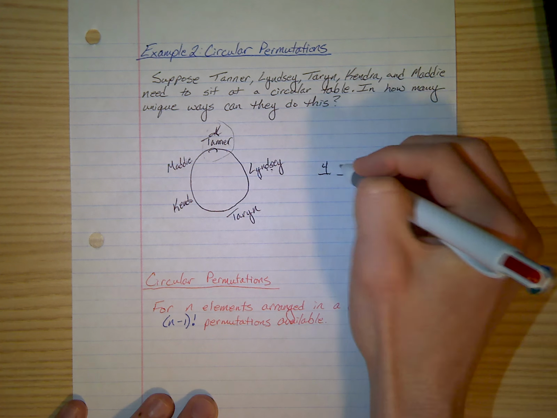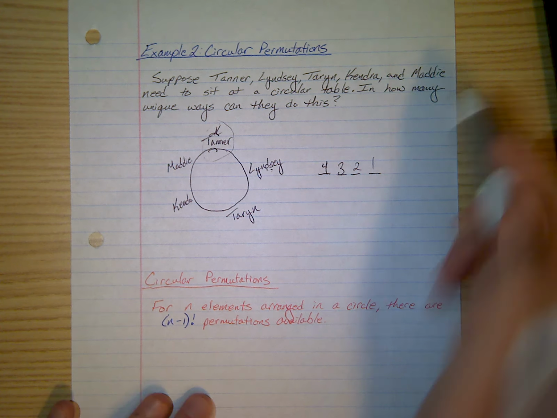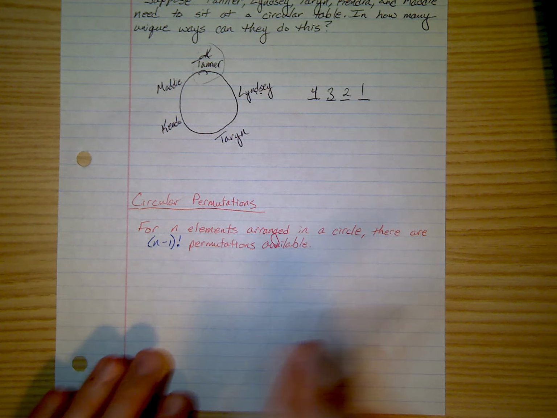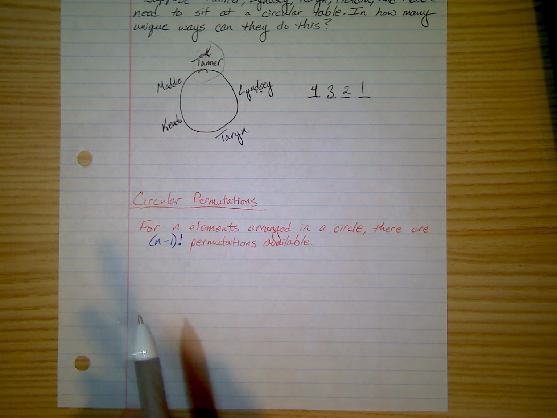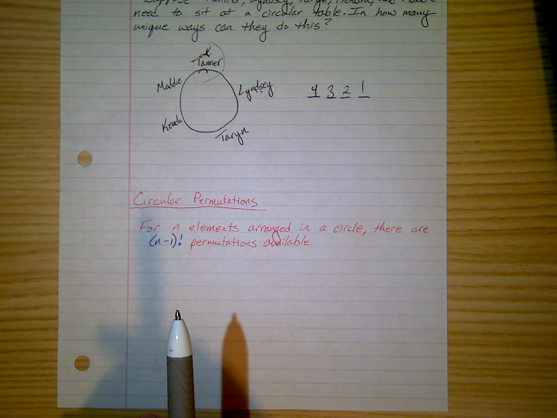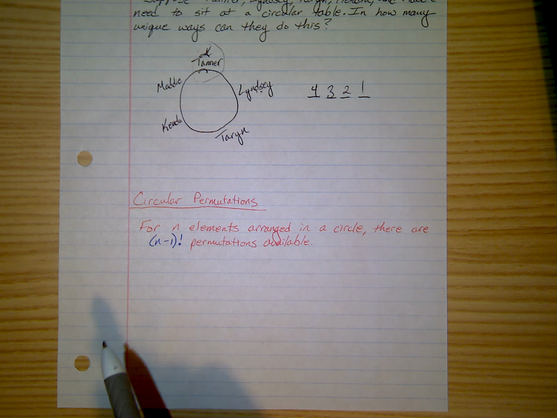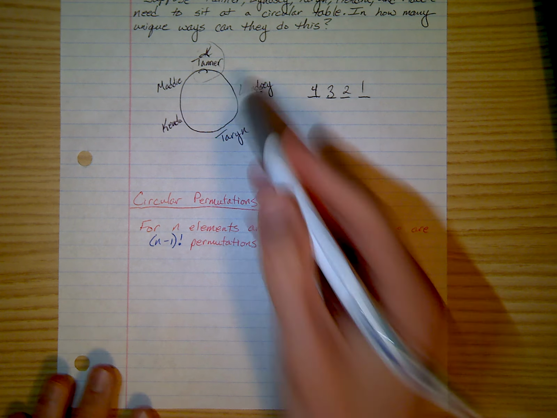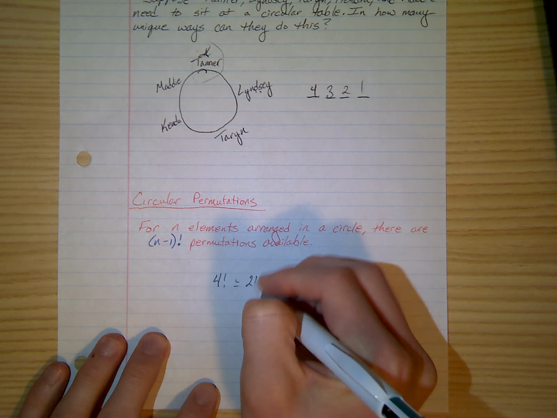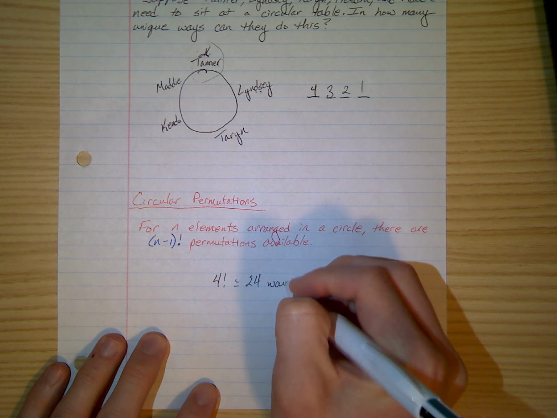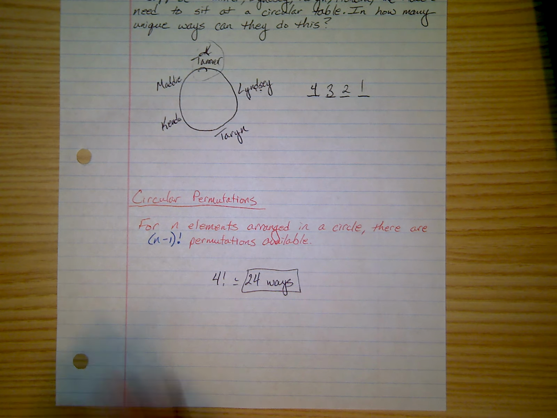And then after that, there are 3, and then 2, and then 1. So with a circular permutation, it's just 1 less than the total number of people sitting at the table. Factorial. That tells you how many permutations are available. So if there's 5 students, 5 people sitting there, it's just 4 factorial, which, as we've seen a couple times, is 24 different ways that you can sit.